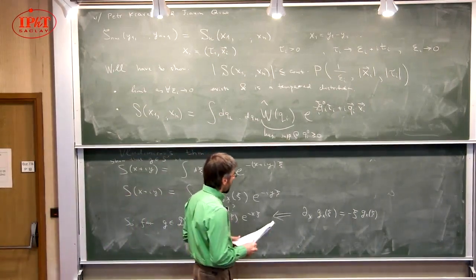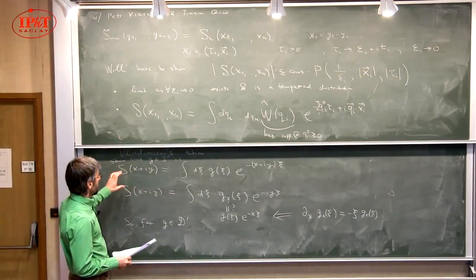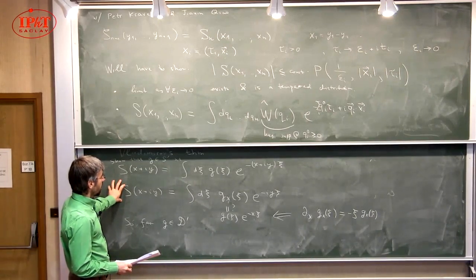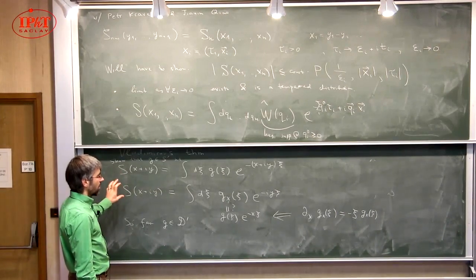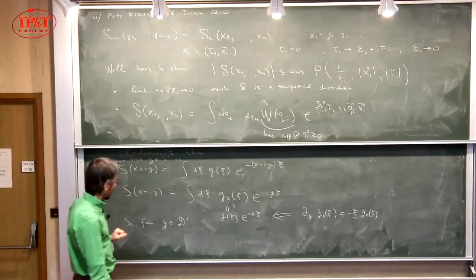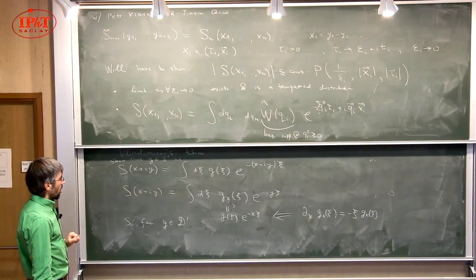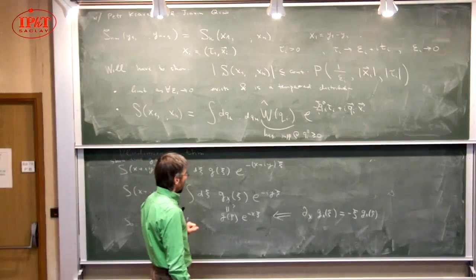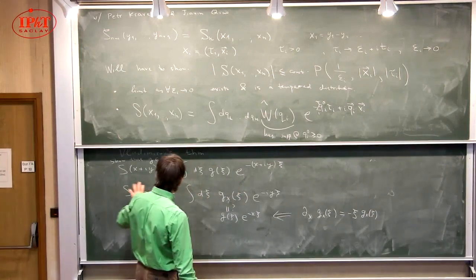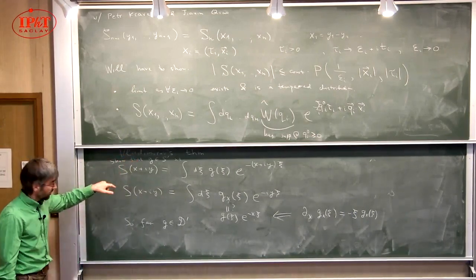Well, here what I basically do is that I take this equation and I integrate it with respect to some compactly supported test function on the left-hand side and on the right-hand side. On the left-hand side, I can take the limit when x goes to 0 because I already proved that the limit existed.